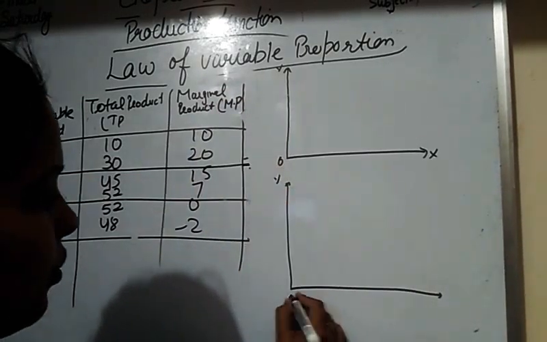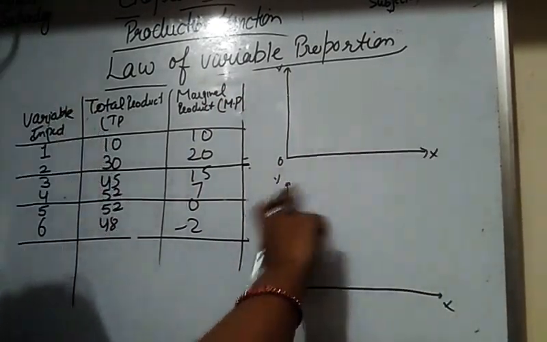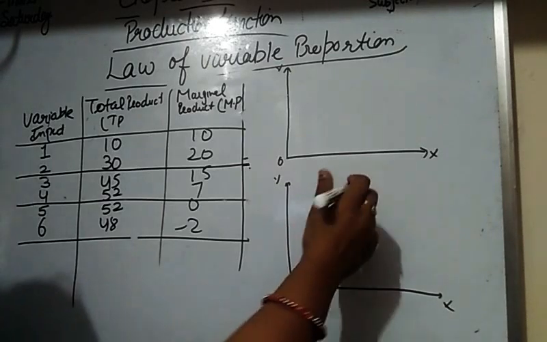So Y, O, X. On the OY axis we present the total product, and on the OX axis the unit of factor.